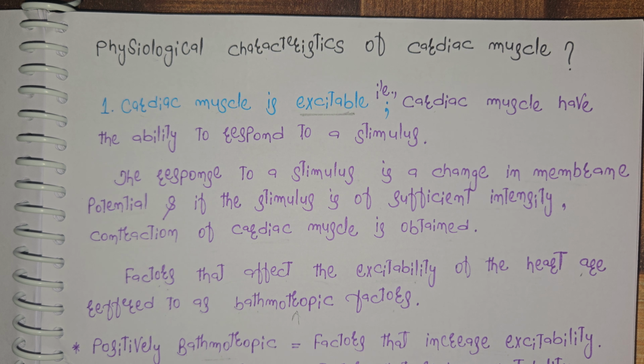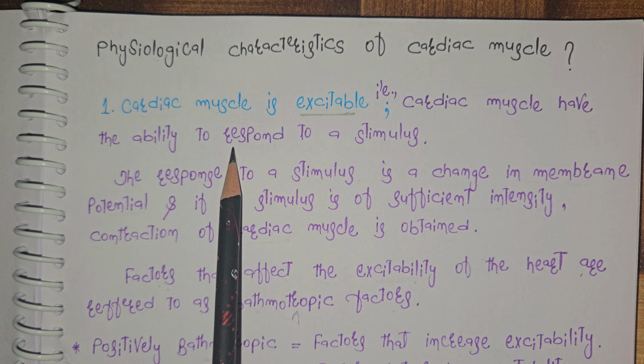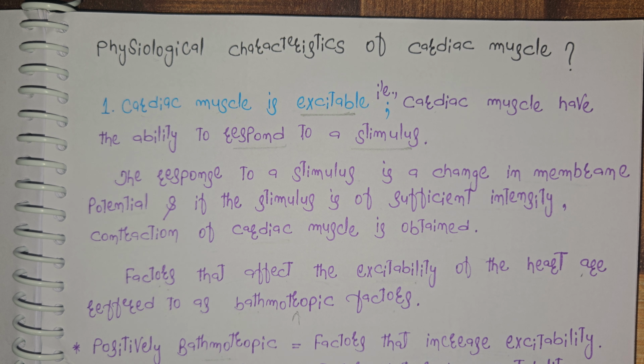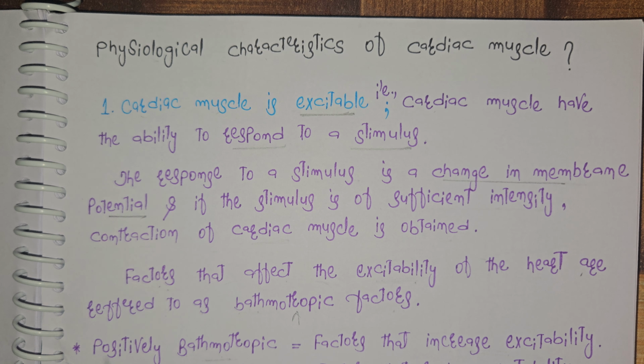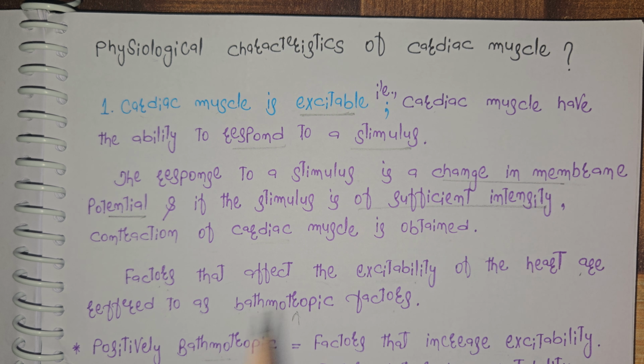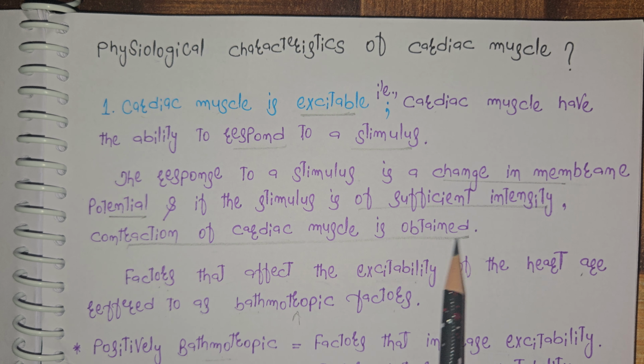What do you mean by excitable? Cardiac muscle have ability to respond to a stimulus. Whenever you give a stimulus to a cardiac muscle, it gives response to that stimulus, which implies cardiac muscle is excitable. The response to the stimulus is the change in the membrane potential. And if the stimulus is of sufficient intensity, contraction of the cardiac muscle is obtained.